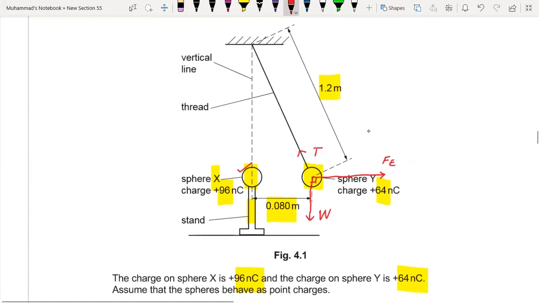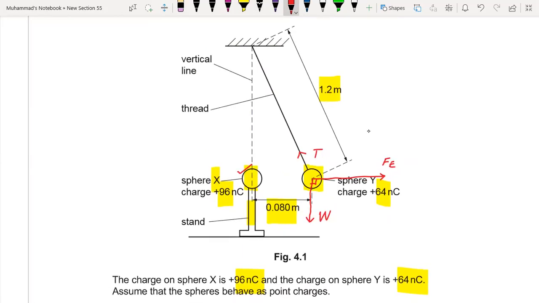So first of all, we need to find this angle. Why would we need that? We know that this system is in equilibrium, this mass is in equilibrium. And this is a right angle triangle. You can easily see the triangle over here. I am talking about this triangle.